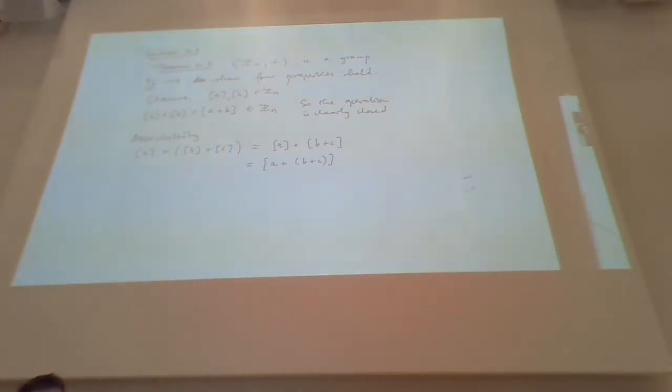Now, remember the result we're aiming for is the congruence class of A plus the congruence class of B plus the congruence class of C. That's what we're aiming for.